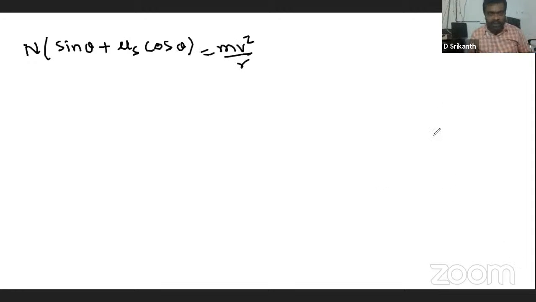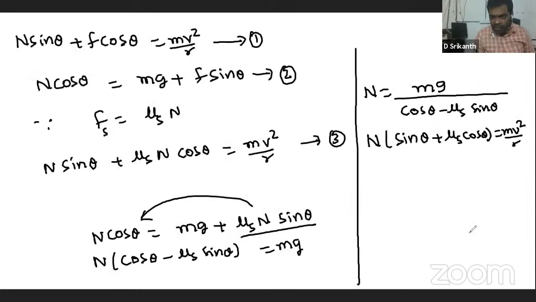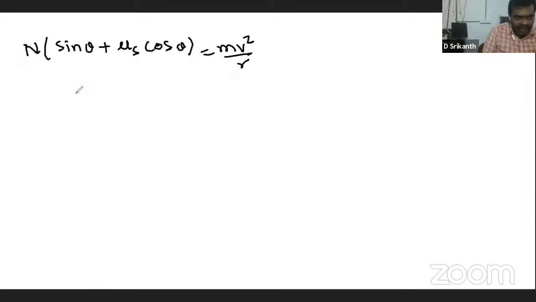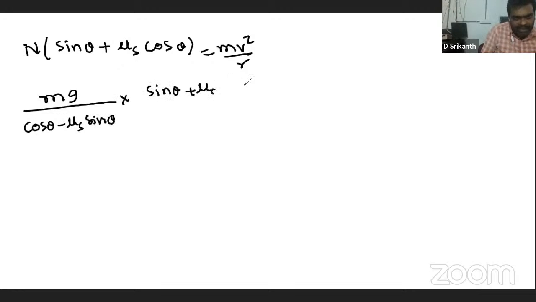We know that the normal force is mg by (cos theta minus mu s sin theta), multiplied by (sin theta plus mu s cos theta), is equal to mv square by r.